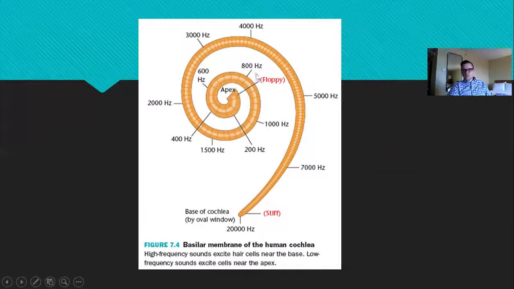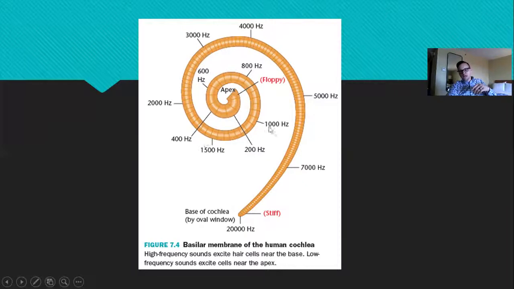The stereocilia towards the apex, towards the center of that spiral, are more floppy. And the stereocilia towards the opening of the oval window are stiffer. So for the stereocilia towards the oval window, it takes a higher pitch to get them to move because they're so rigid. Whereas the stereocilia close to the apex, towards the end of the spiral, are more floppy, and so it doesn't take as high a frequency.